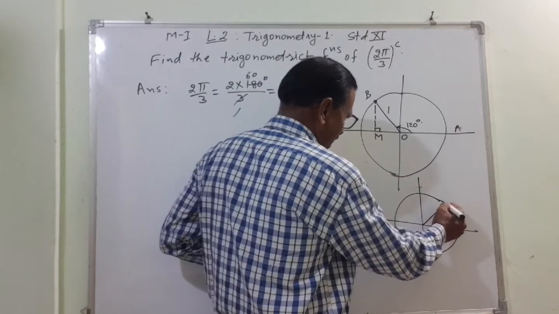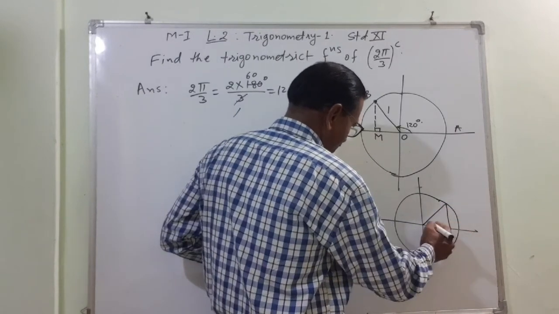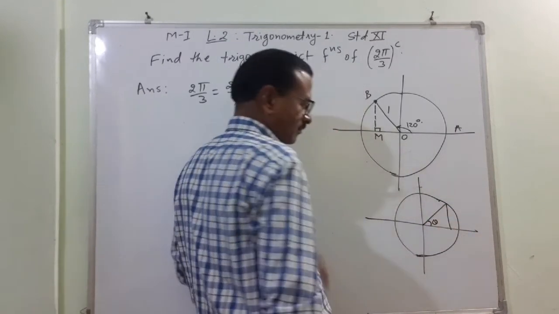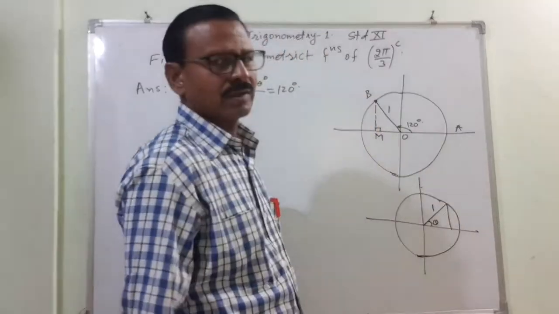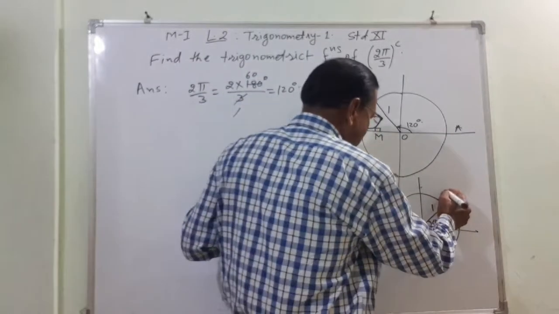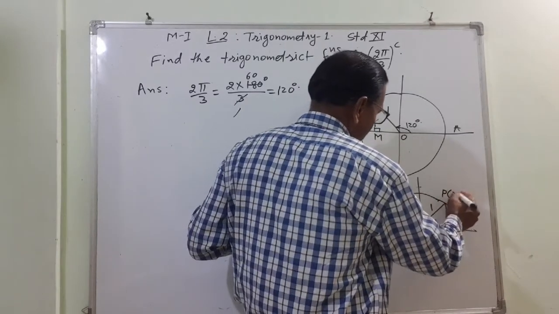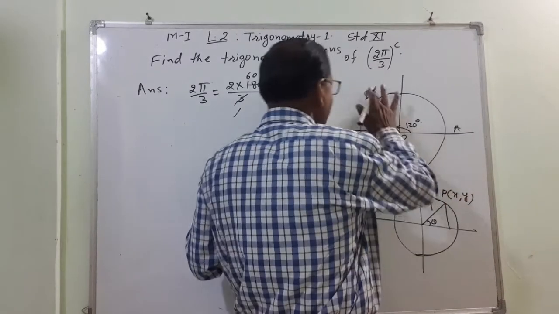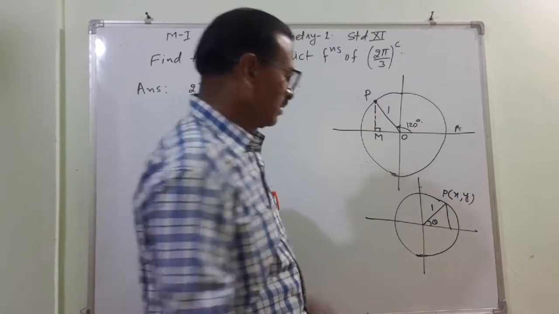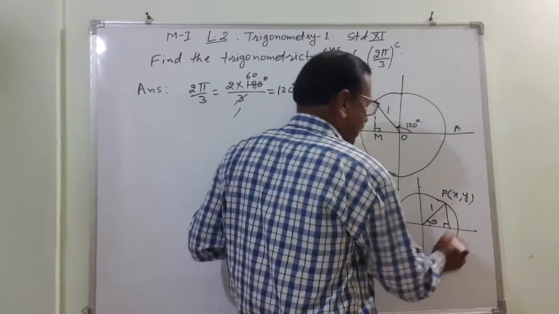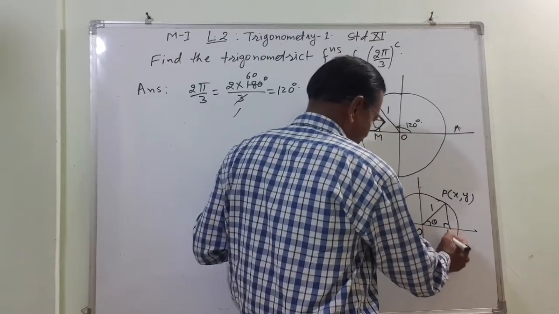Here I am drawing the angle like this. This is your theta. This hypotenuse is 1. The coordinates of this point P, suppose x comma y. Here also I will give the name P. This is a right angle triangle. This is O. This is M.